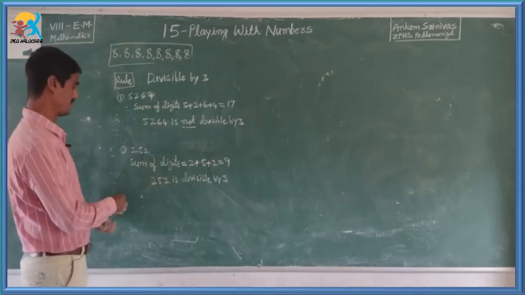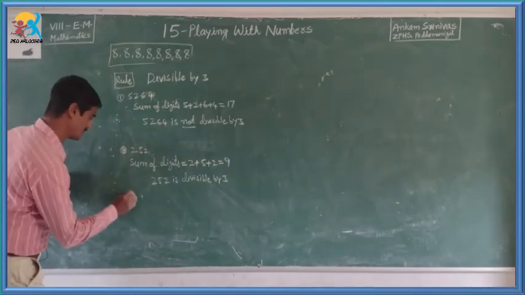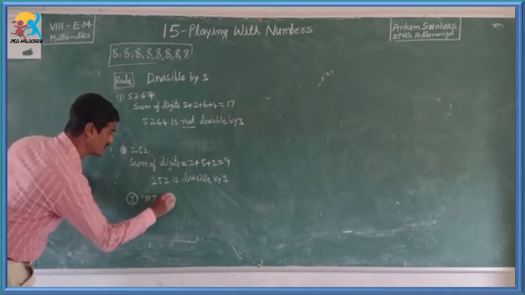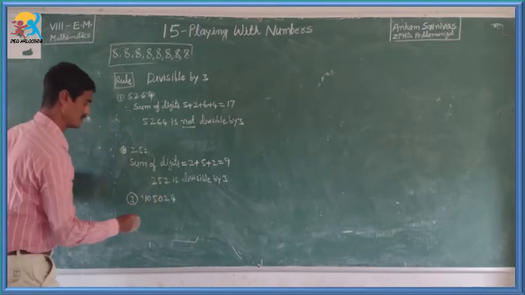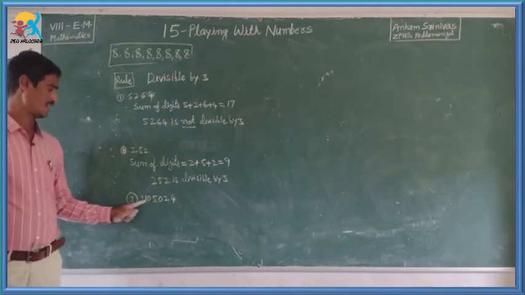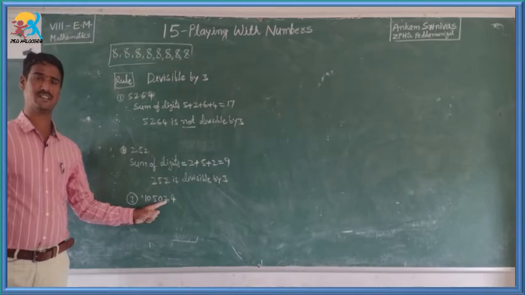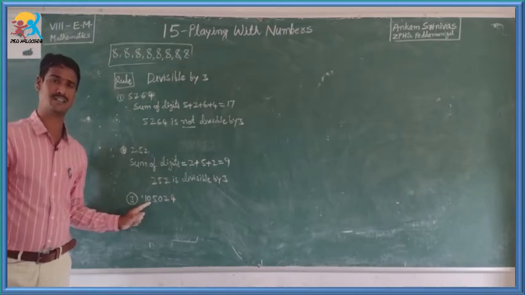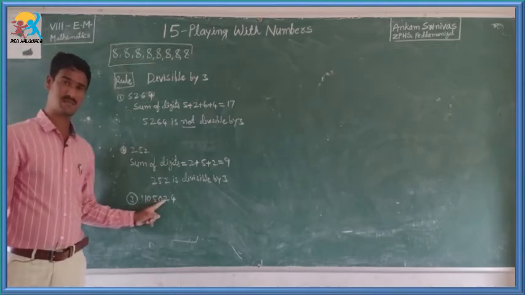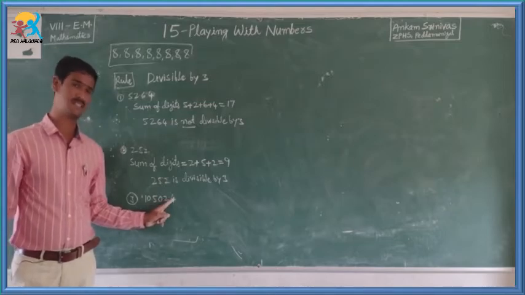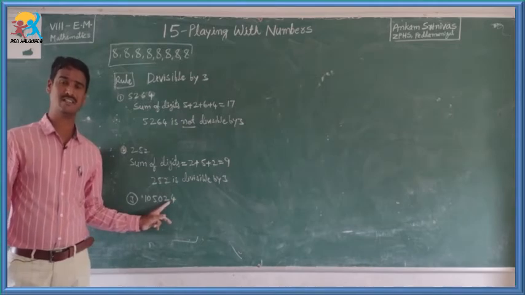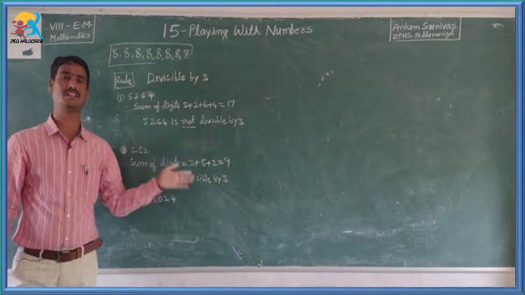Now if I take another problem, check whether this number is divisible by 3 or not. What is the given number? 1,05,024. Is it divisible by 3 or not? Please check. 1 plus 5 is 6, 6 plus 2 is 8, 8 plus 4 is 12. 12 is in the table of 3, 3 4s are 12, so 12 is divisible by 3.